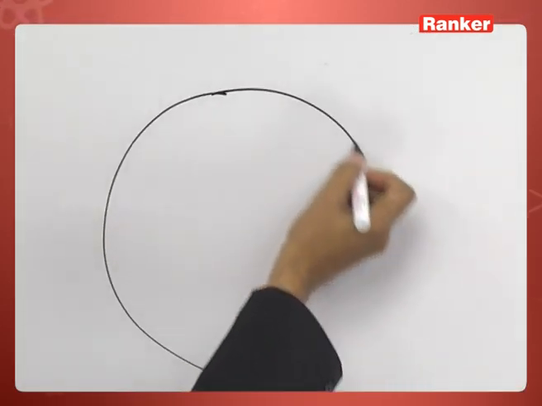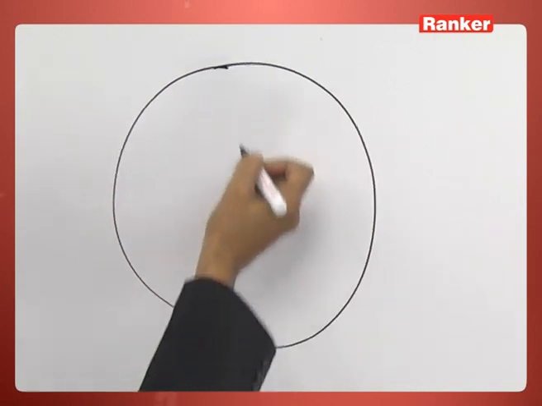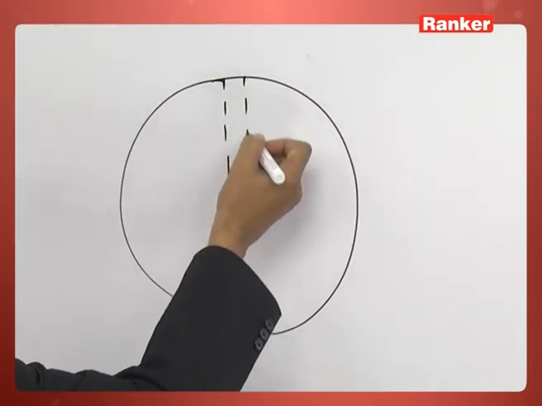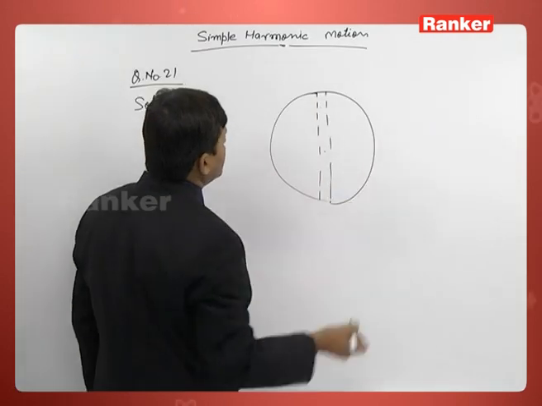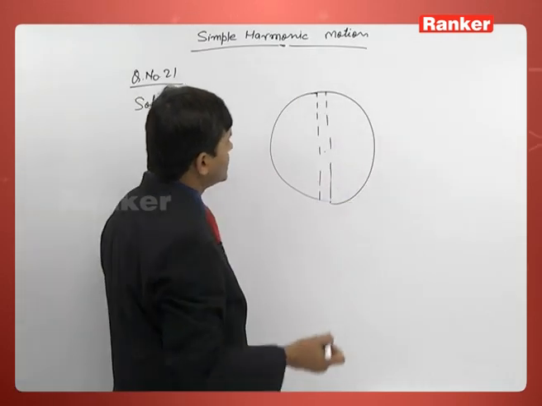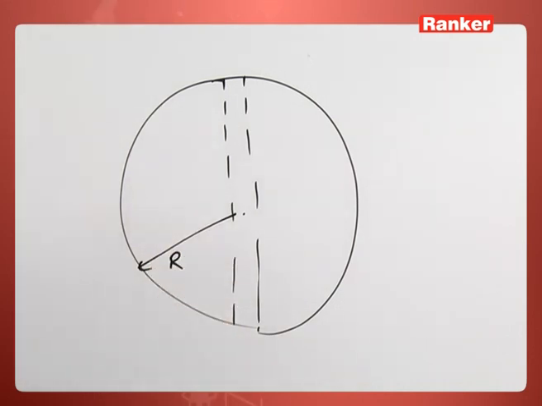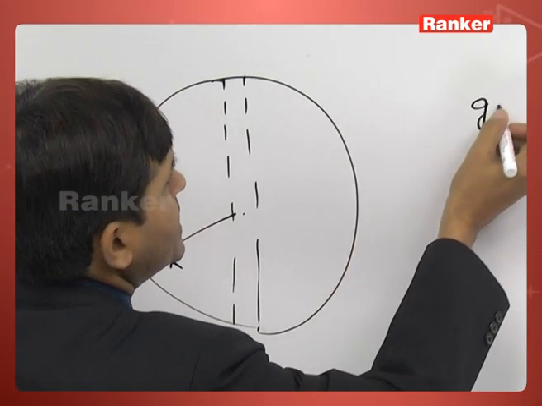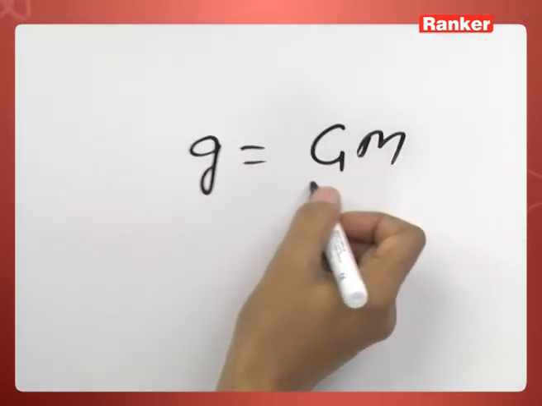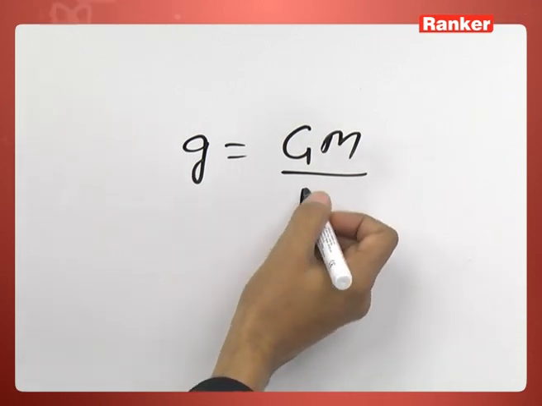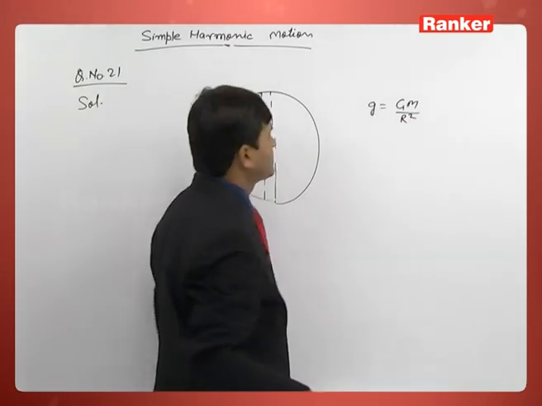let this be the earth and a hole has been bored like this, and the g value at the surface of the earth is given, r is the radius and g is GM by r square.